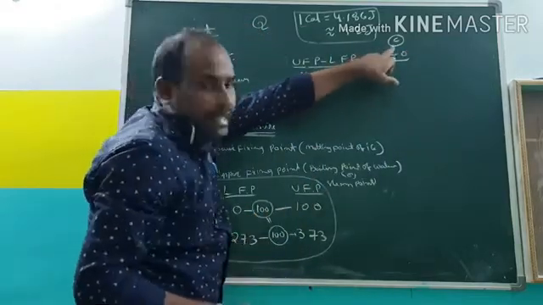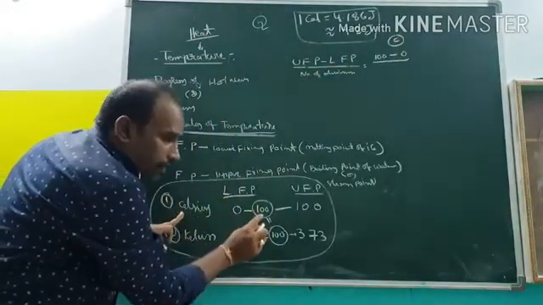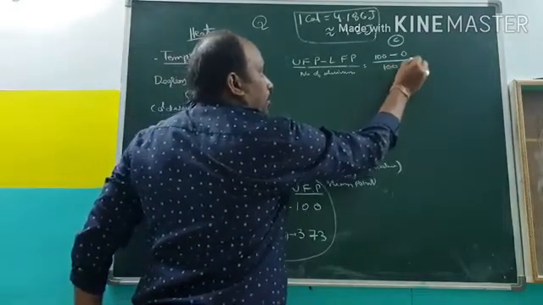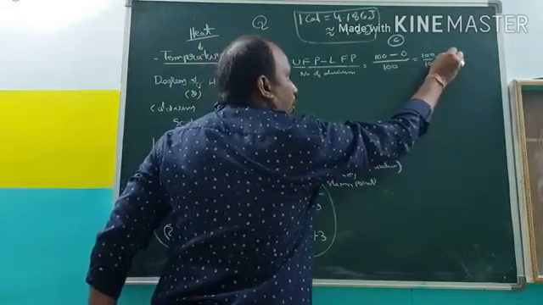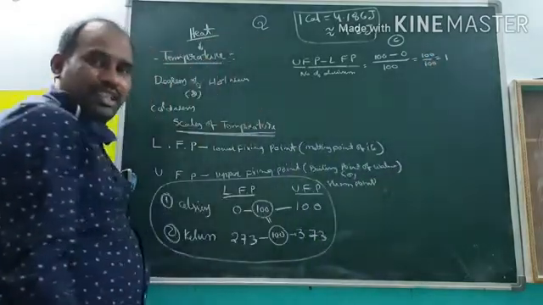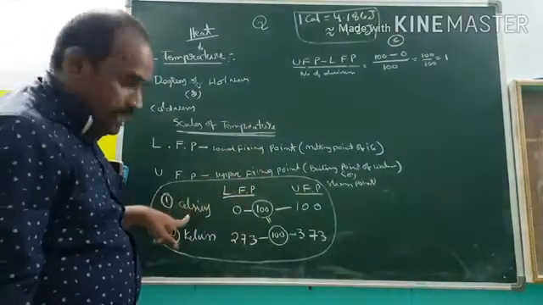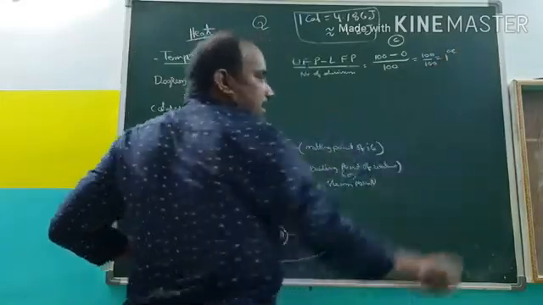In the Celsius scale, the number of divisions is 100. So 100 by 100 is equal to 1. That is the scale of 1 degree Celsius.